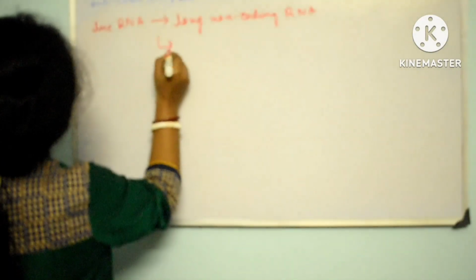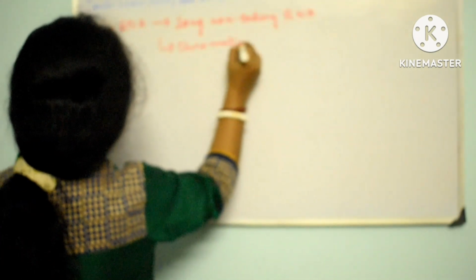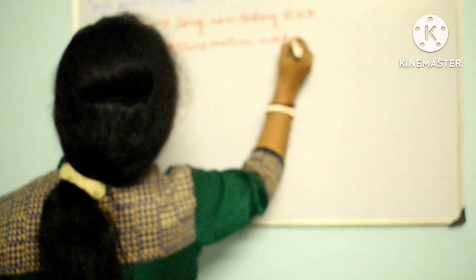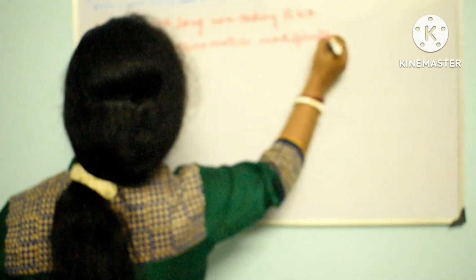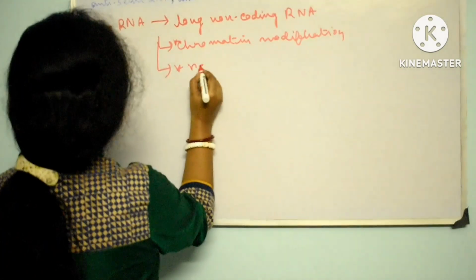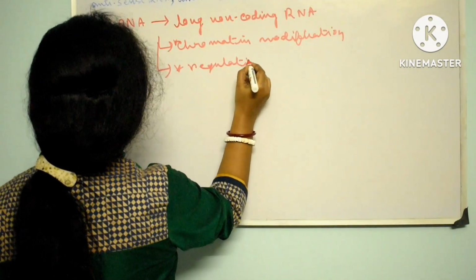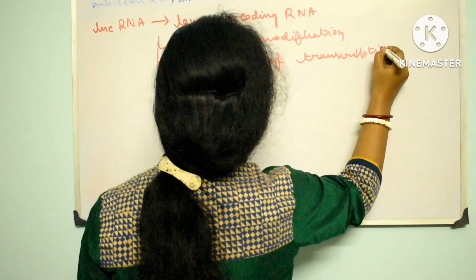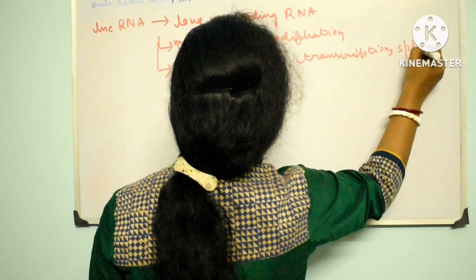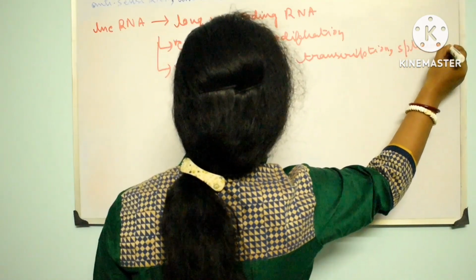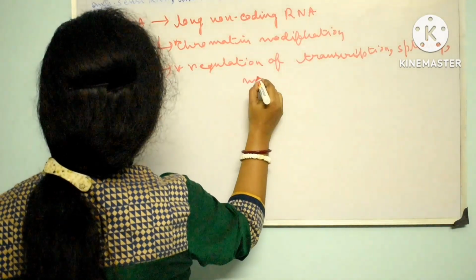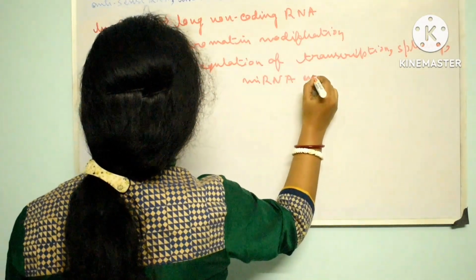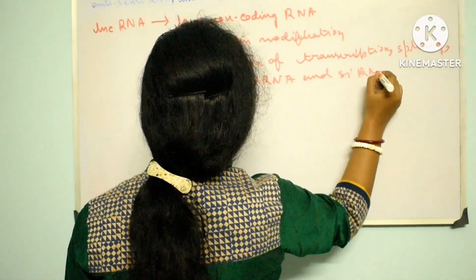Long non-coding RNA helps in chromatin modification. It helps in regulation of transcription, splicing, miRNA and siRNA.